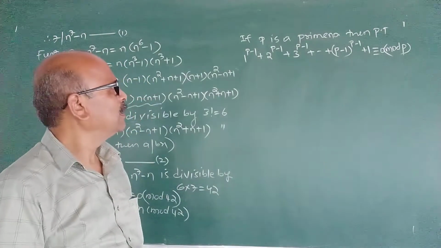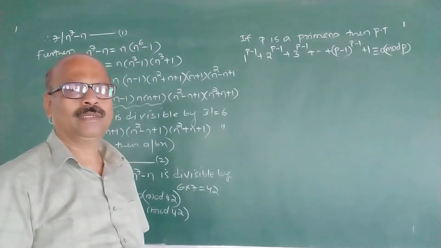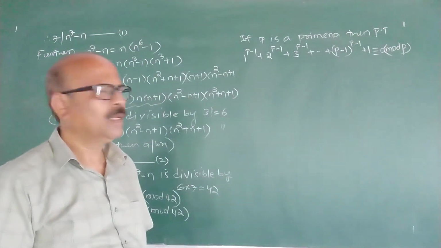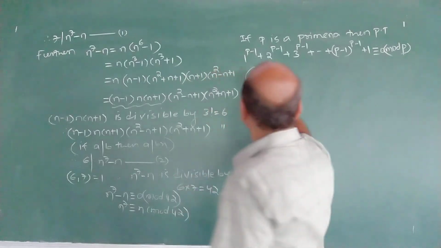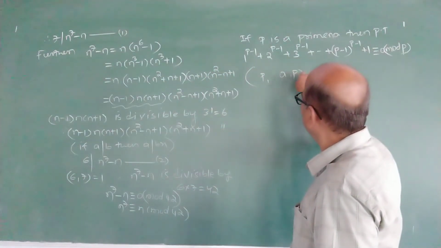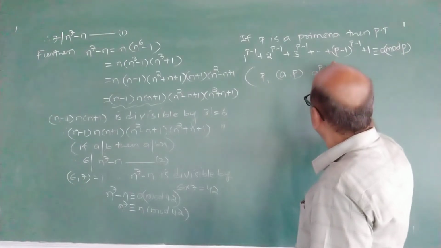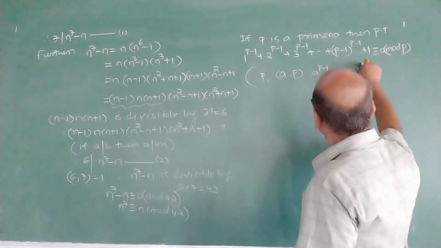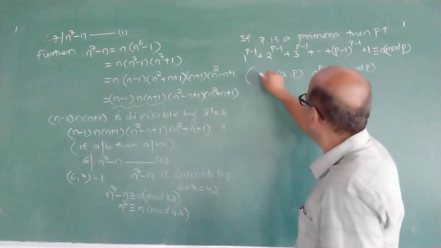What is given here? P is a prime number. Then prove this. What is Fermat's theorem? P is a prime number, A and P are relatively prime, A raised to P minus 1 is congruent to 1 mod P. This is Fermat's theorem.